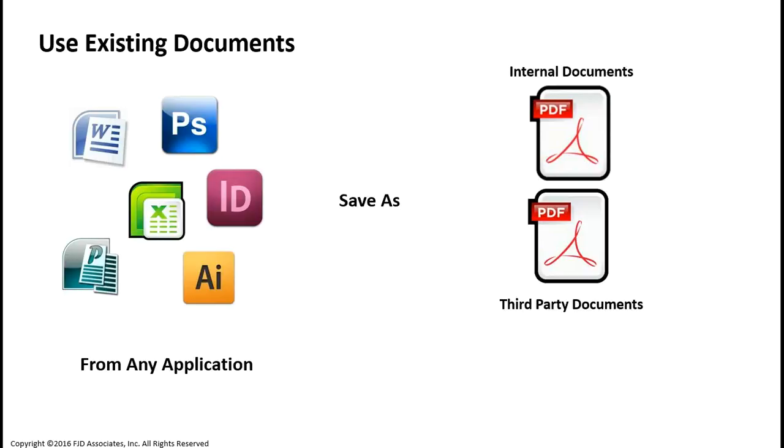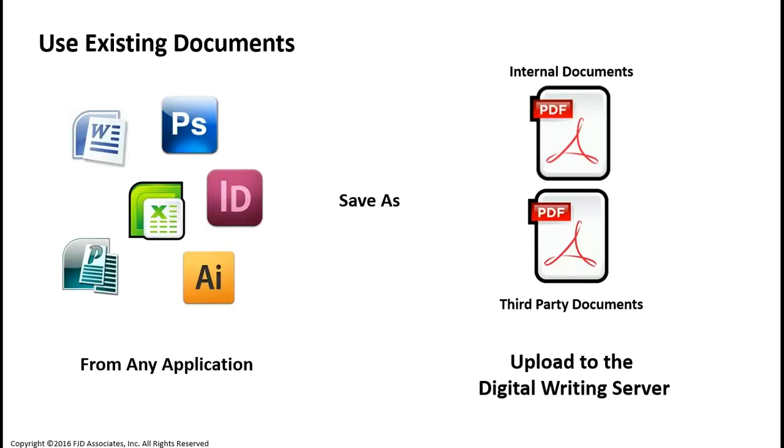This also allows you to use PDF documents you download from third-party resources, such as the federal government, your HR companies, payroll companies, vendors. All of those can be included to create individual or integrated document sets. You upload it to the digital writing server, set up some parameters, and you're done.